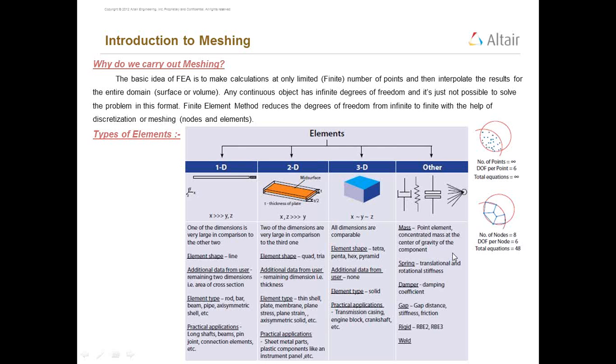Additional data from the user which is required is the remaining dimension, that is thickness. Element type: thin shell, plate, membrane, plane stress, plane strain, axisymmetric solids, etc. The practical application of 2D elements or 2D meshing is sheet metal parts, plastic components like instrument panels, etc. Then 3D elements.